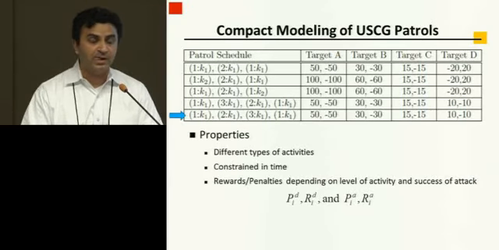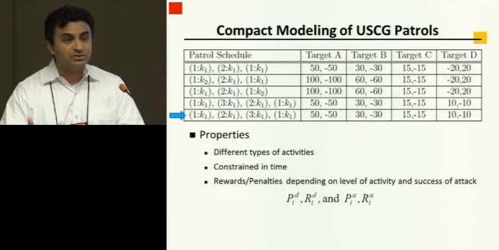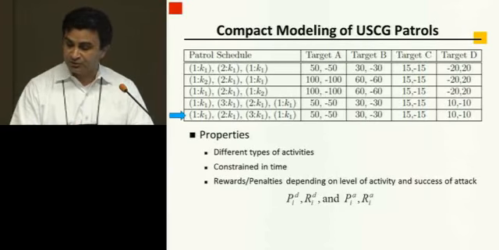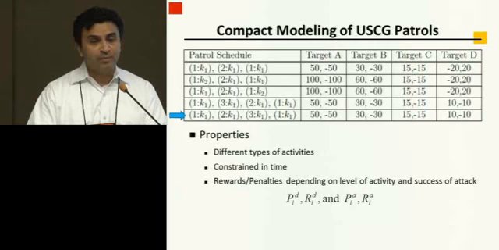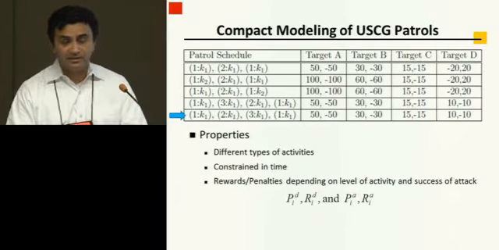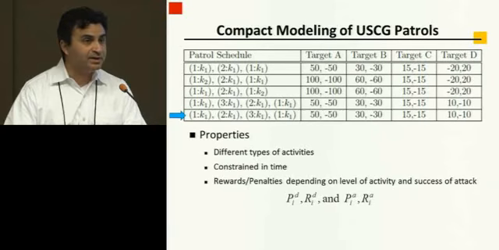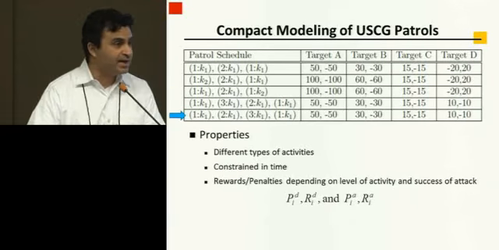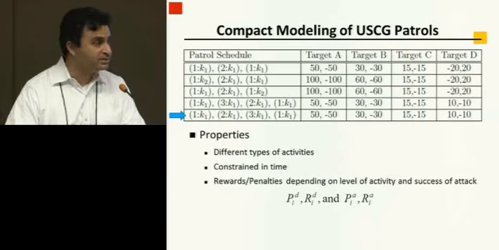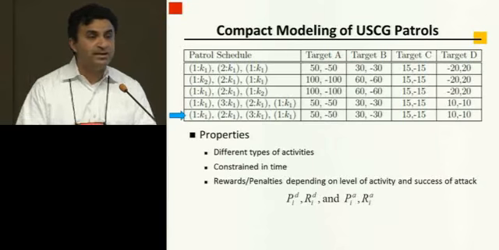When there are billions of such patrols that are possible, obviously the game is very large. You notice here there are payoffs to the defender and the adversary, and that refers to the rewards and penalties for stopping an attack or a penalty for a successful attack. And depending on the level of security activity that's conducted, we may be more or less successful in stopping such an attack. Now, having this big game, of course, solving it becomes very difficult.